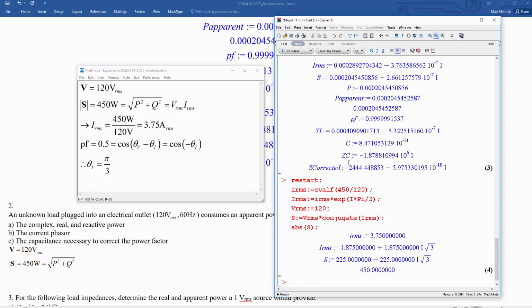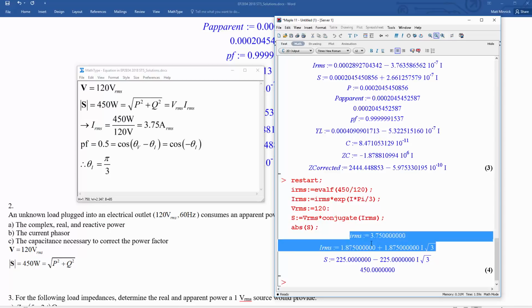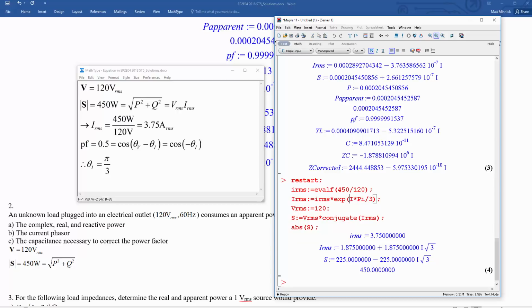Great. Now let's check that the power factor is in the right direction. The power factor is supposed to be lagging, which means the current's supposed to be lagging the voltage. However, here we put a positive number, so that means the current is actually leading the voltage. So we're going to need to modify that to be negative in the exponent there. Okay, so there we go.